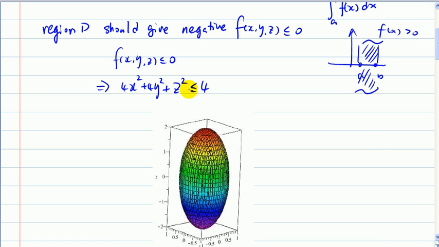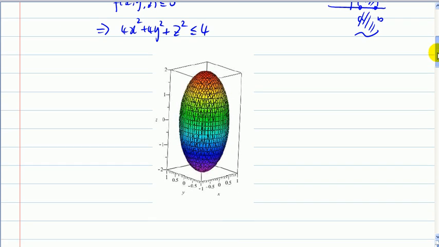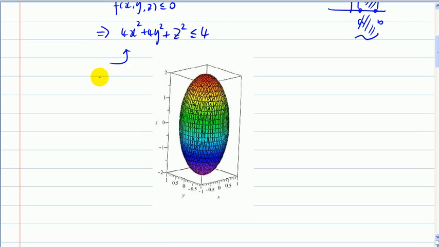The less than sign gives what's inside this surface. So the whole region less than 4 gives you the region D. If you pick any point inside this region D, the whole thing is less than 4, which means your integrand is less than 0. So this is the region D you're looking for.